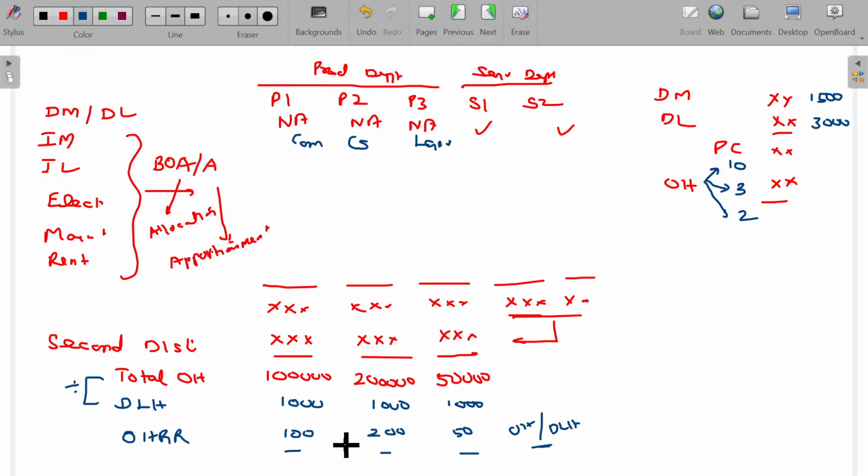The cost of running the commerce department is 100 rupees per hour, so for 10 hours of service it is 1,000. This student gets 3 hours of service from a department that costs 200 per hour, so 600. And the same person gets 2 hours of service from the language department at 50 per hour, so 100. So 1,700 is the overhead.